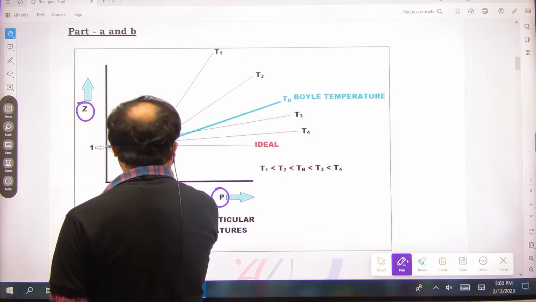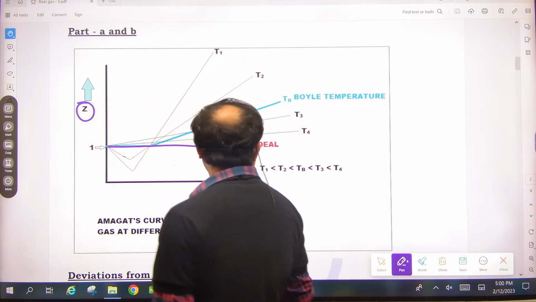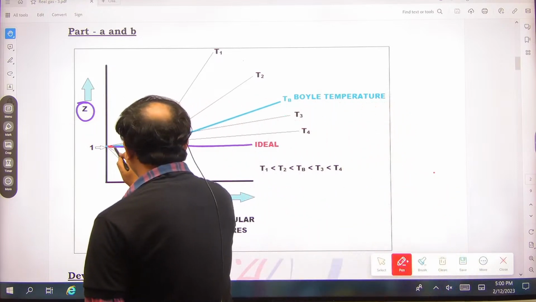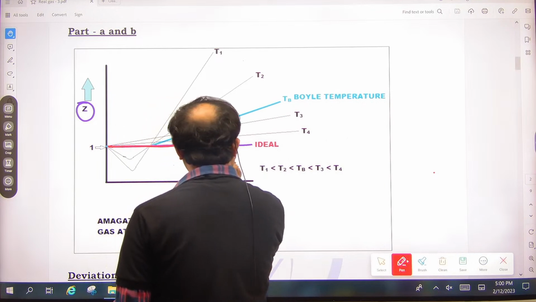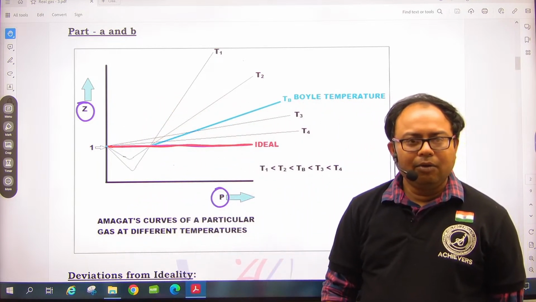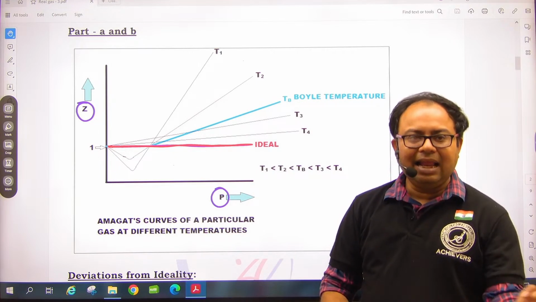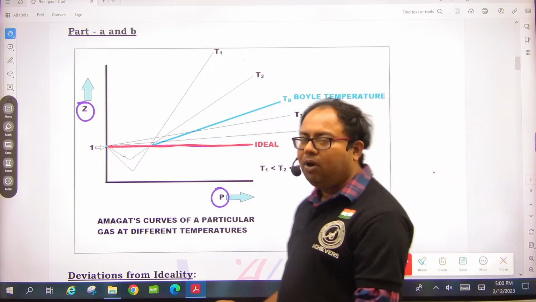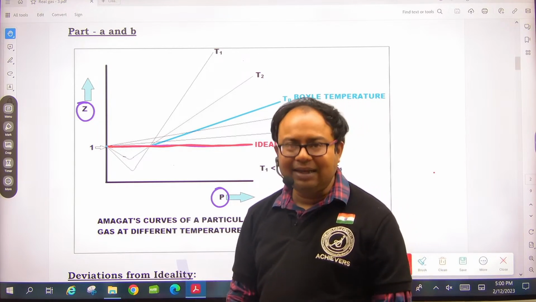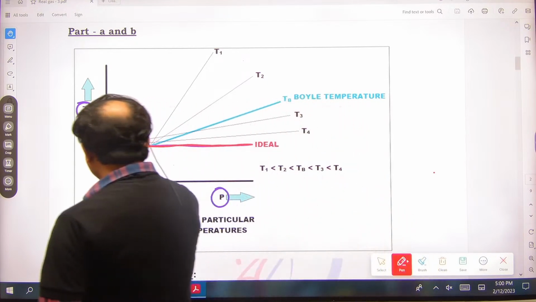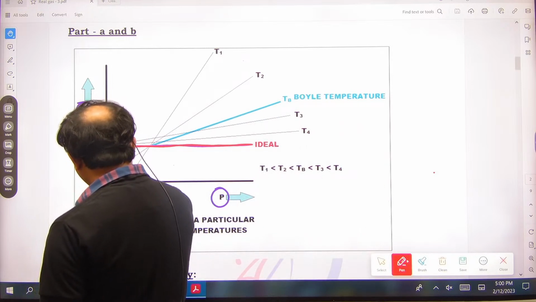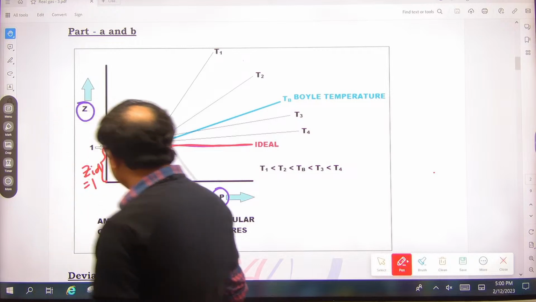This red line is the ideal line. For ideal gas, you'll have a straight line, because for all ideal gases or any ideal gas, Z is equal to 1. So at any pressure, the value of Z is equal to 1. So Z ideal is 1.